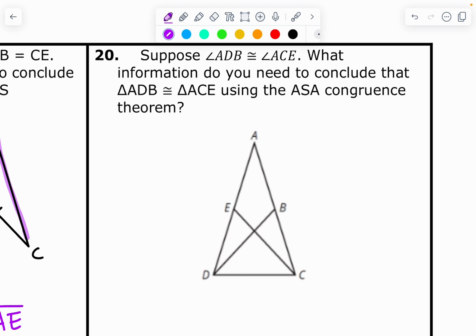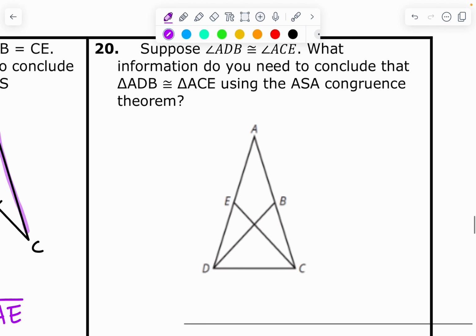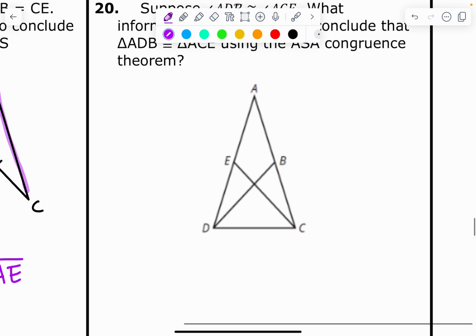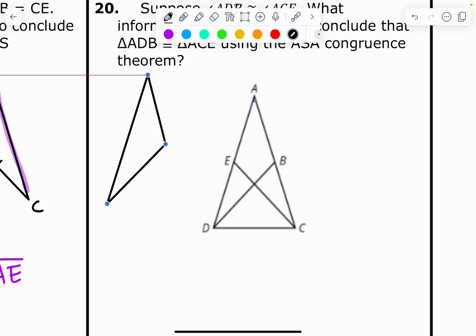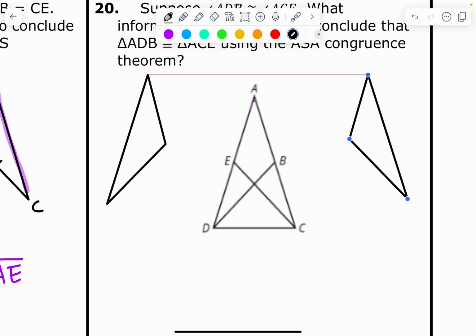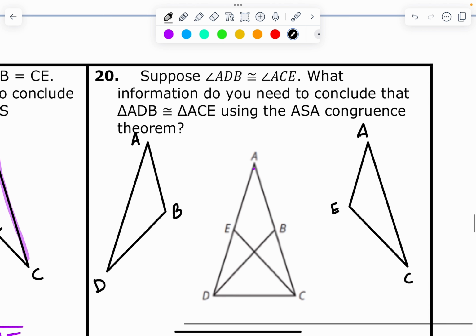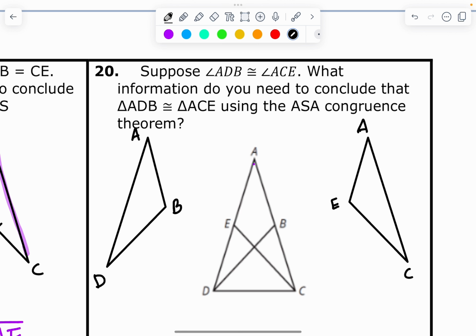Suppose that AD, okay, so same figure. We're trying to conclude that these are congruent using angle side angle. So if I draw these separately, this again would be A, D, B, and A, C, E. And this time we don't have any other information except for this.